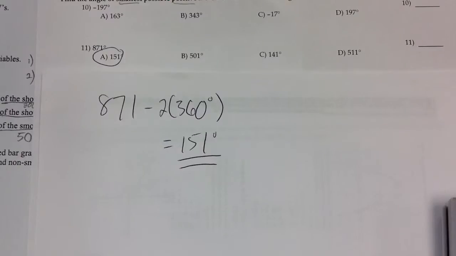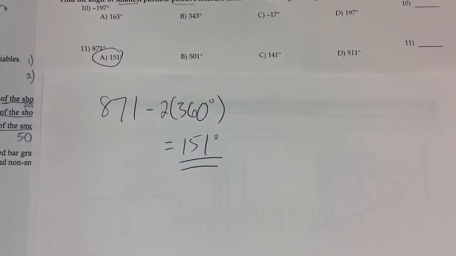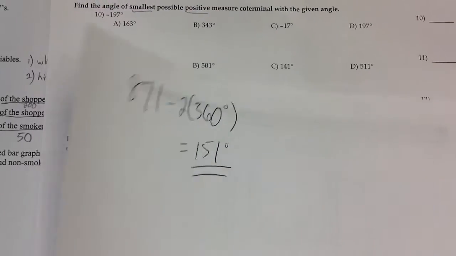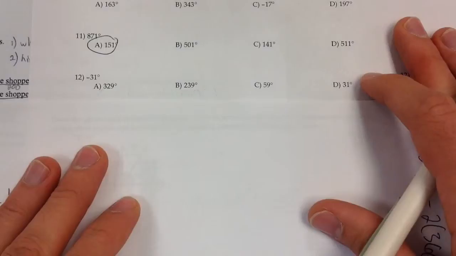All right, Nakia, does that make sense? Okay. You keep adding or subtracting 360s until you get to an answer between 0 and 360. All right, Nikki S. Negative 31 degrees.